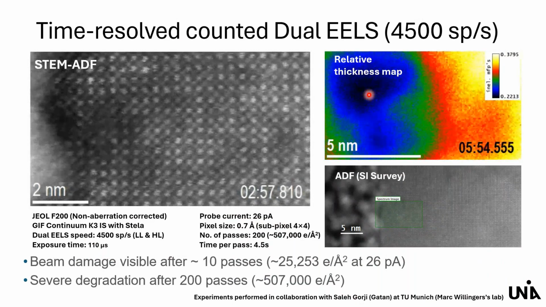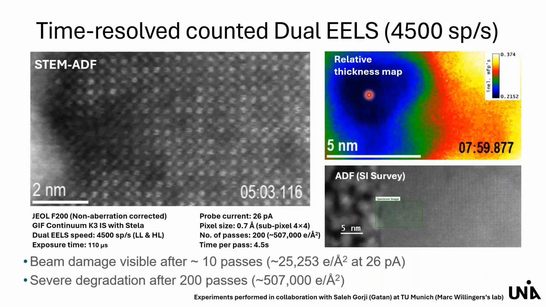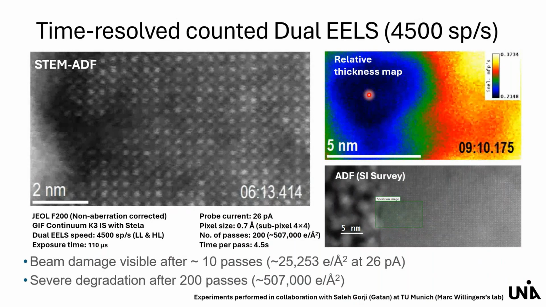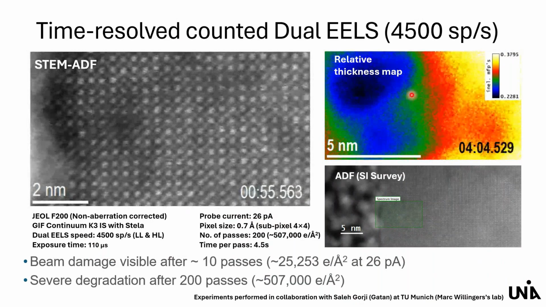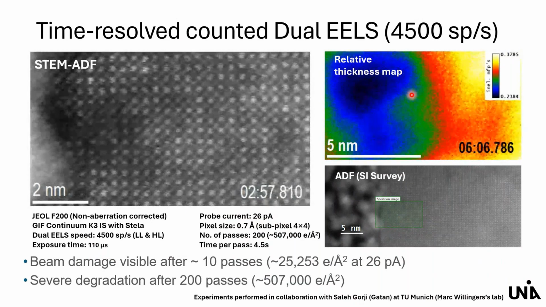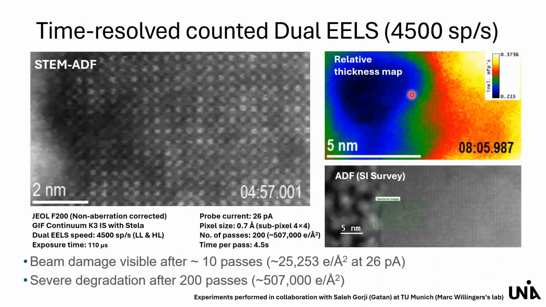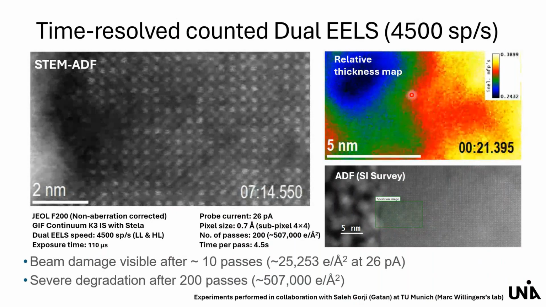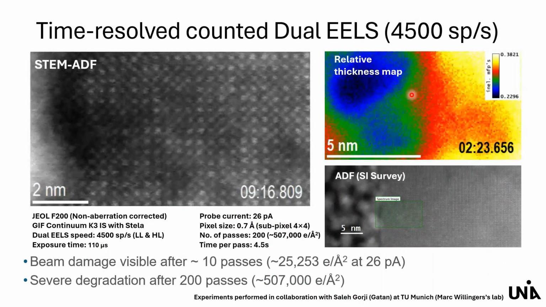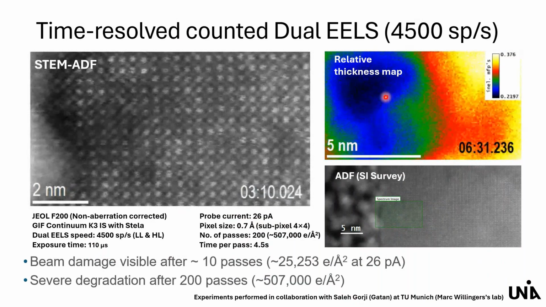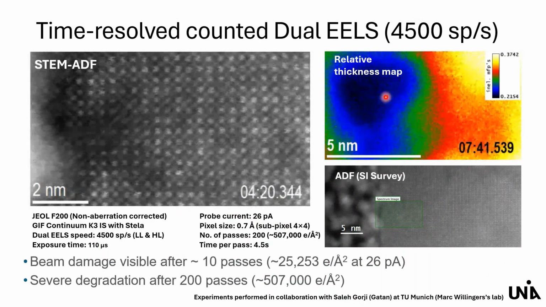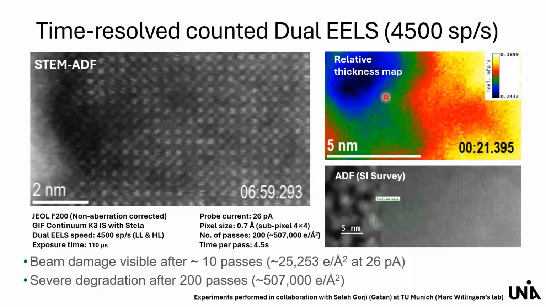And this corresponds in this case to about 25,000 electrons per angstrom squared on the sample, which causes the beam damage at this dose. And after the acquisition continues, the effect becomes more and more pronounced. After 200 passes, this corresponds to something like 500,000 electrons per angstrom squared.